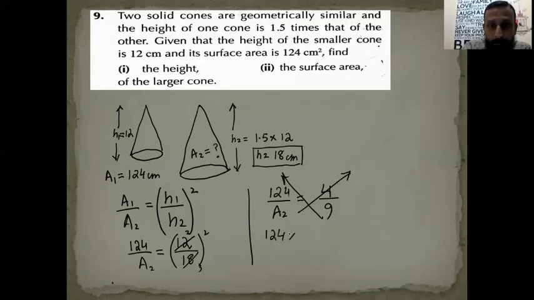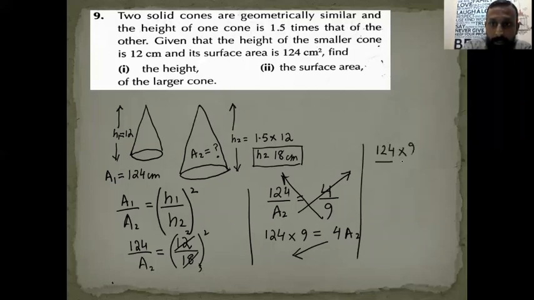So we have 124 multiplied by 9 equals 4A2. Now, what is unknown? A2 is unknown. We'll bring 4 to this side and divide. So we have 124 multiplied by 9 divided by 4 equals A2.